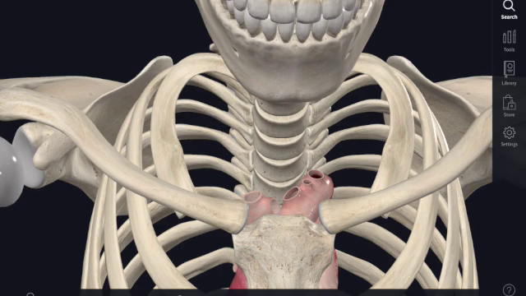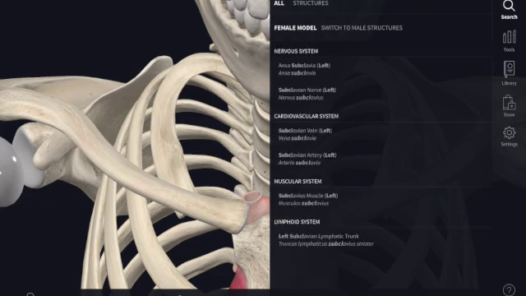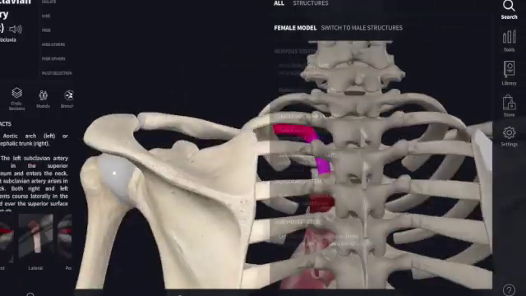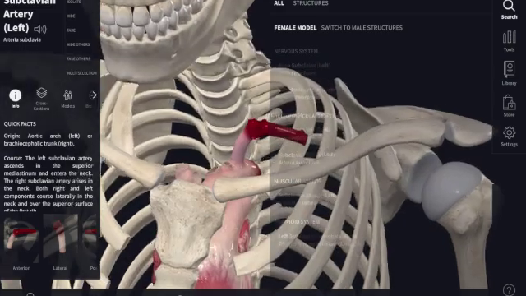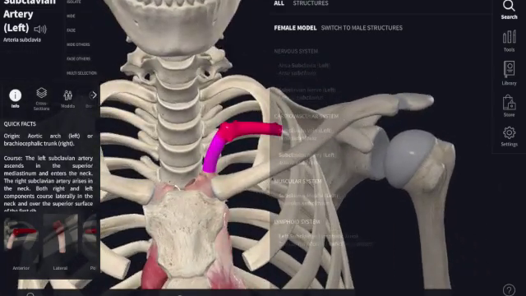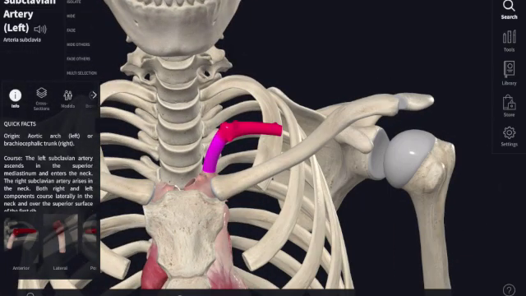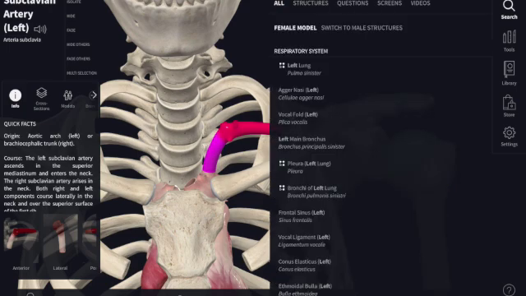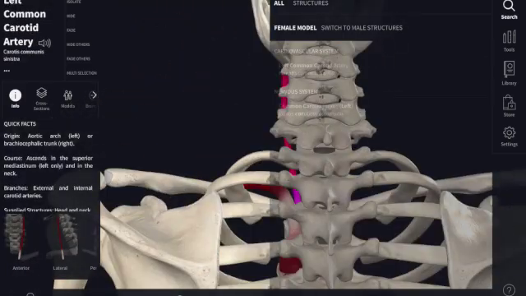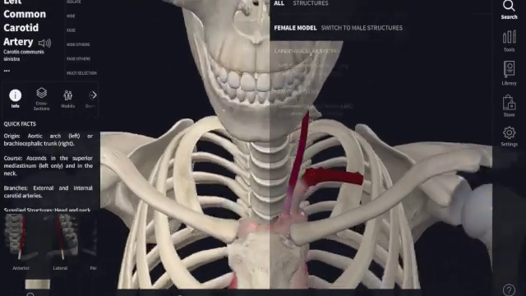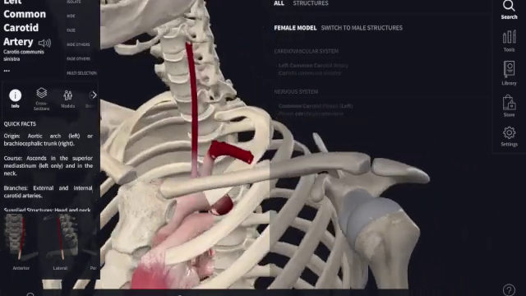The one more posterior, that should be our left subclavian artery. As we can see right there, there it is. Now let's take a look at the left common carotid artery. There we go.